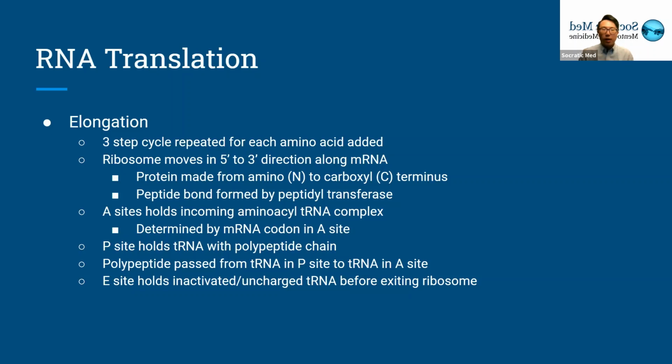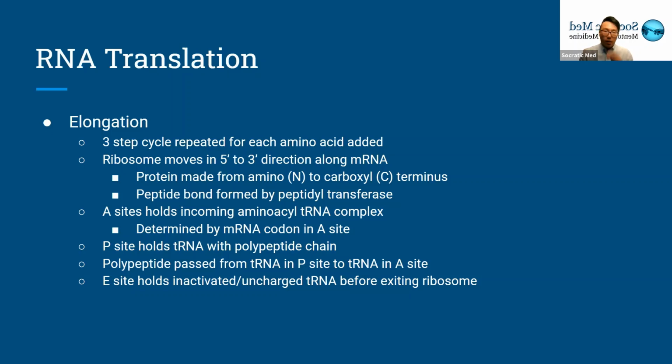And then the P site holds the tRNA connected to the polypeptide chain. Each time an amino acid is added onto the polypeptide, that tRNA will move into the P site, and that tRNA holds the growing peptide chain.